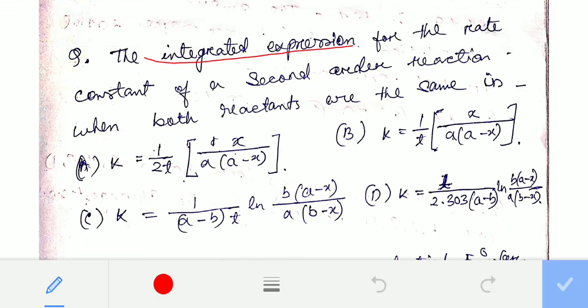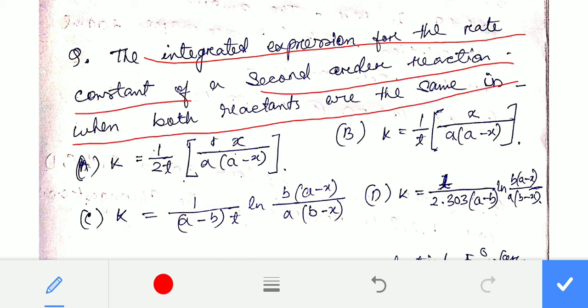The integrated expression for the rate constant of a second order reaction when both the reactants are the same. In the case of second order reactions, we always have two conditions: the reactants may be the same or the reactants may be different.